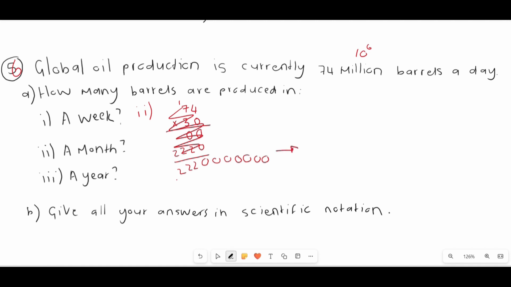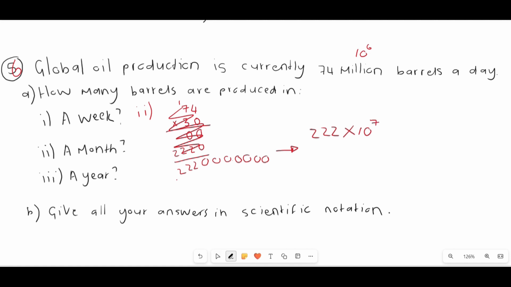Let's go and put that in scientific notation. So we know that we can write 2, 2, 2 times 10 to the power of, let's go count our zeros, 1, 2, 3, 4, 5, 6, 7, to the power of 7.